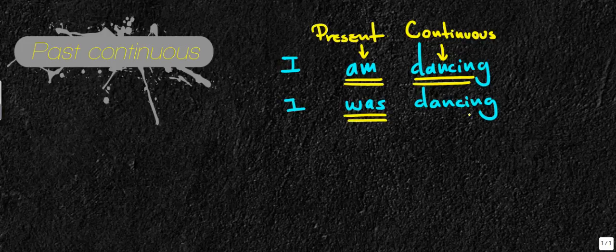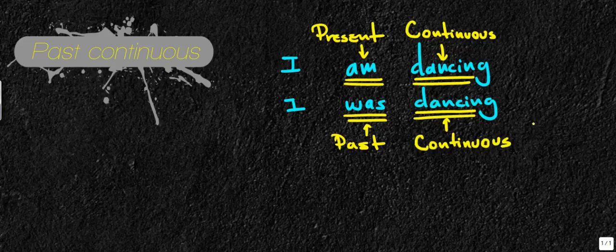We have an auxiliary, which in this case is the verb to be, and then we have a main verb, which in this case is the verb to dance. The verb to be is conjugated in the past form, while the main verb, dance, is conjugated in the gerund or in the continuous form. Okay? And that's why we call this past continuous.